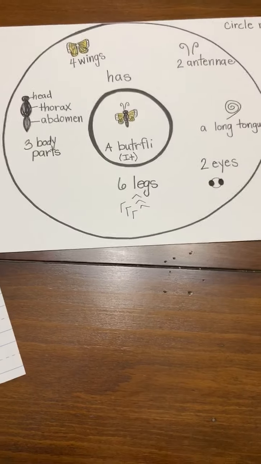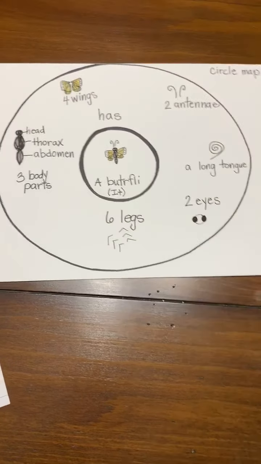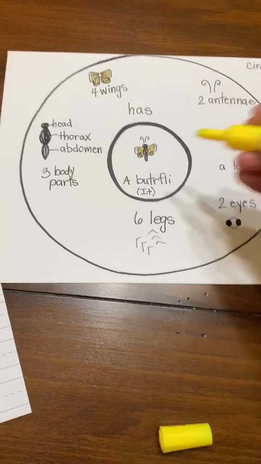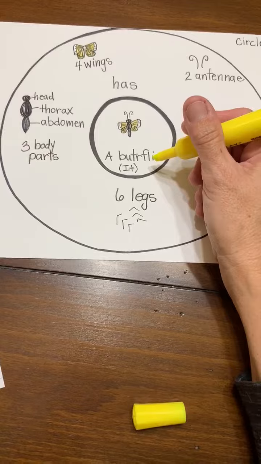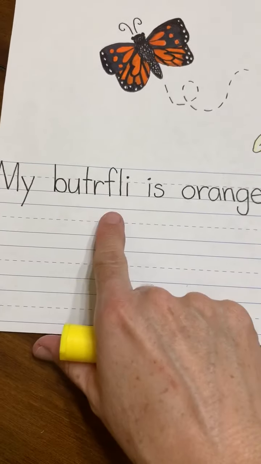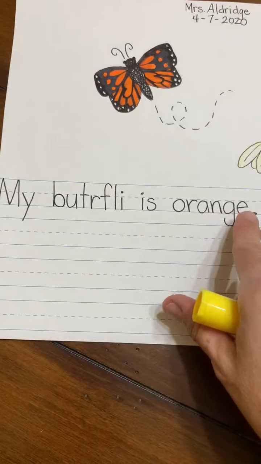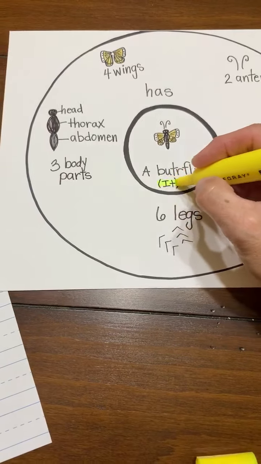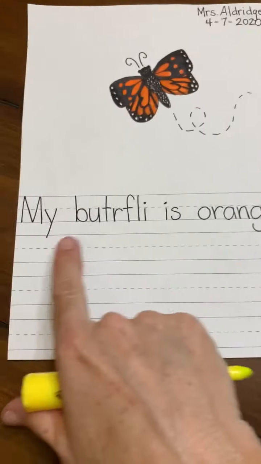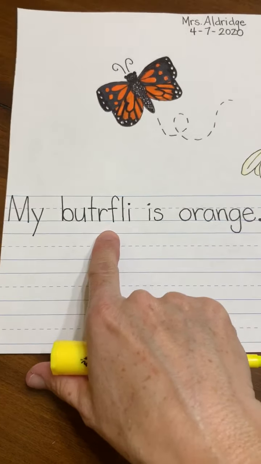So here's what we're going to do. Instead of repeating a butterfly again, because we have my butterfly, we don't want to say my butterfly is orange, my butterfly has, my butterfly has. We're going to use it, because we already know we're talking about my butterfly.